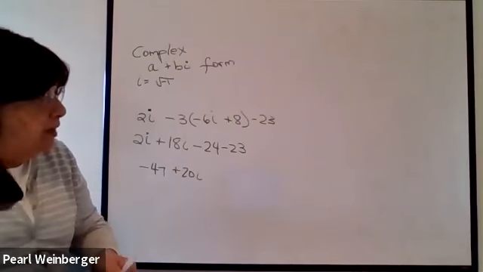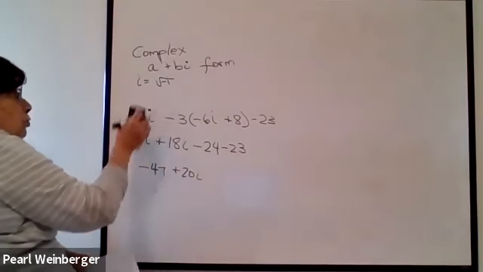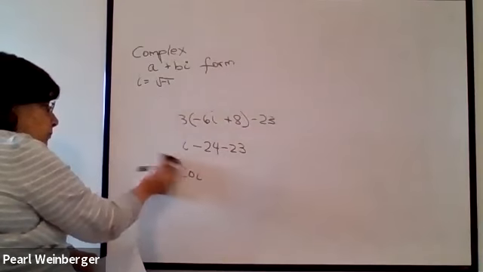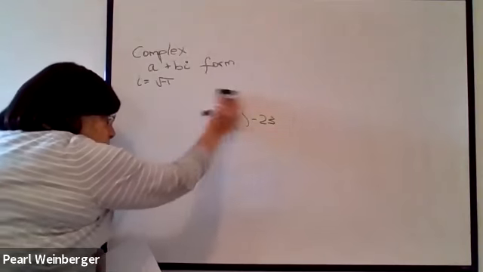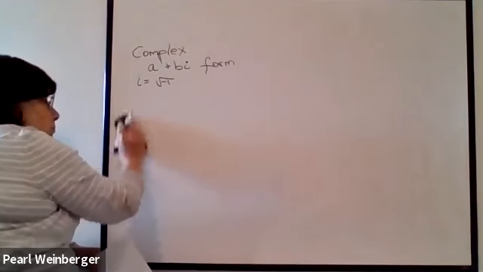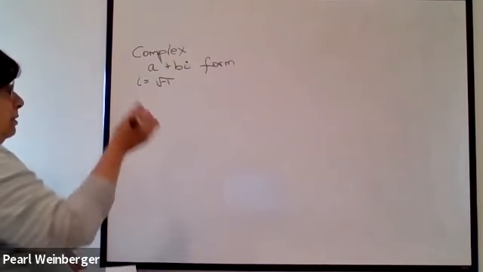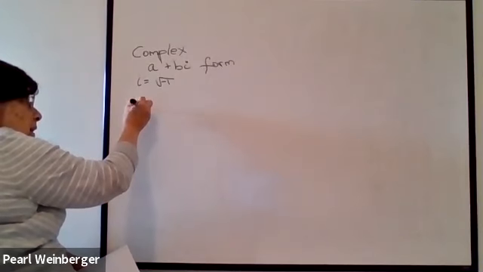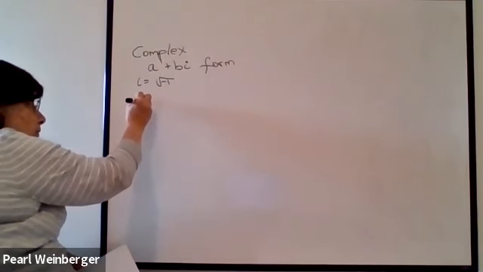Okay, we talked about adding and subtracting. Let's talk about multiplying for a second. Before I do anything complicated, let's first talk about what happens when I have i squared.